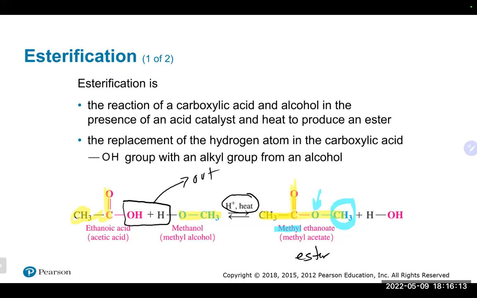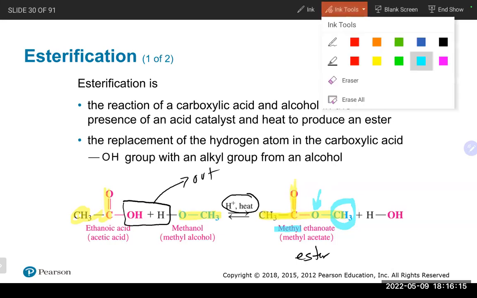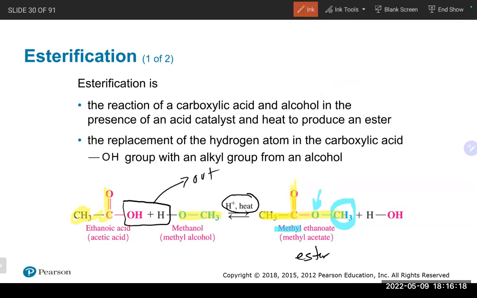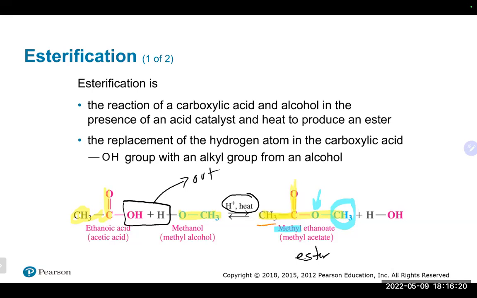The carbons that come from the carboxylic acid, which are these two right here, are based off of ethane and get the -oate at the end, and this becomes methyl ethanoate. Again, the ethanoate is the two carbons that are part of the carboxylic acid, and it gets the -oate. The other part that comes from the alcohol gets named as a group. Any questions on that?